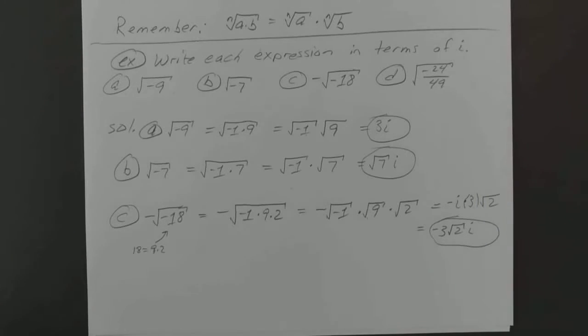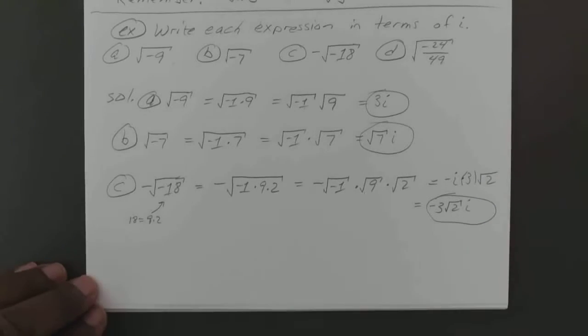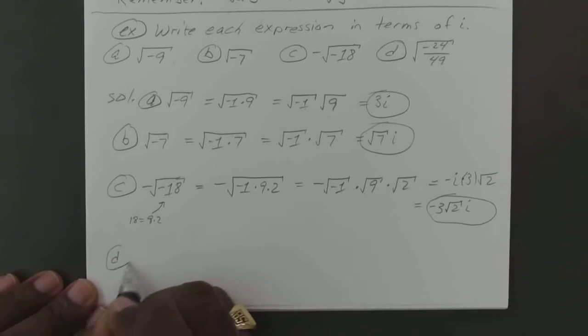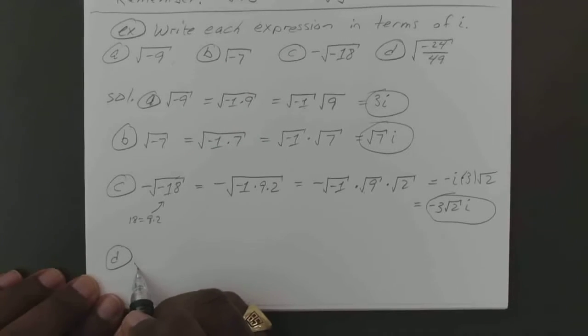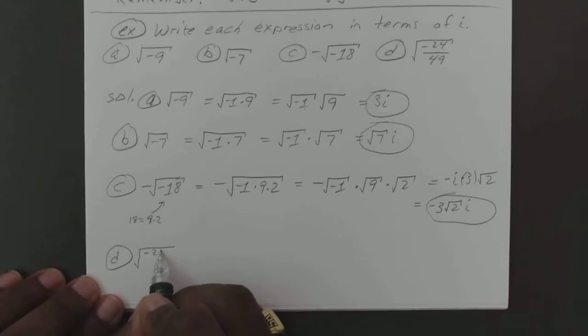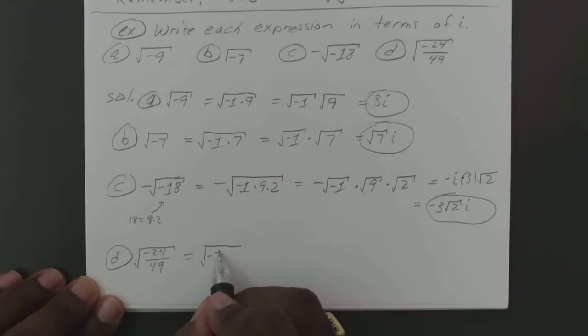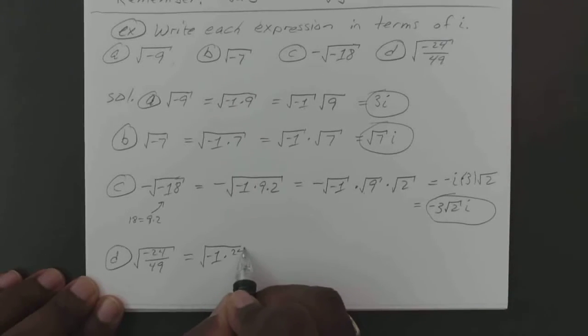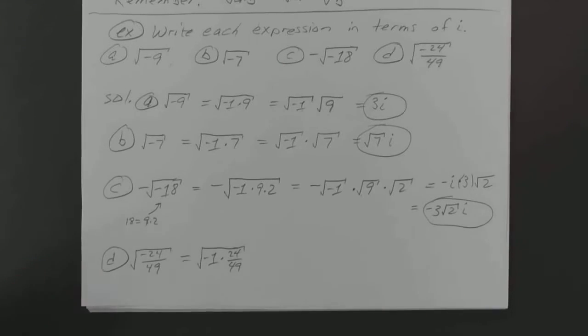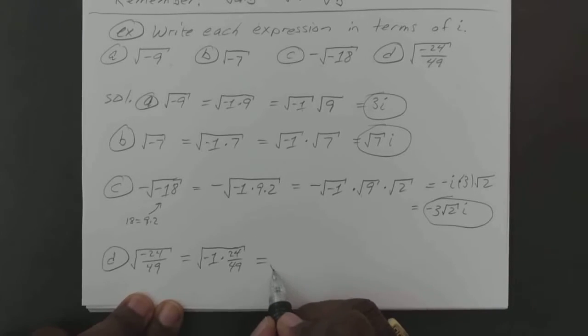Okay, and for D, do the same thing. If we have the square root of negative 24 over 49, you can rewrite that as the square root of negative 1 times 24 over 49. So that means you can break that apart.